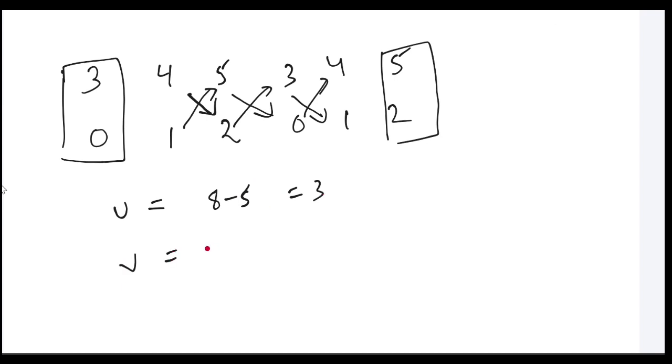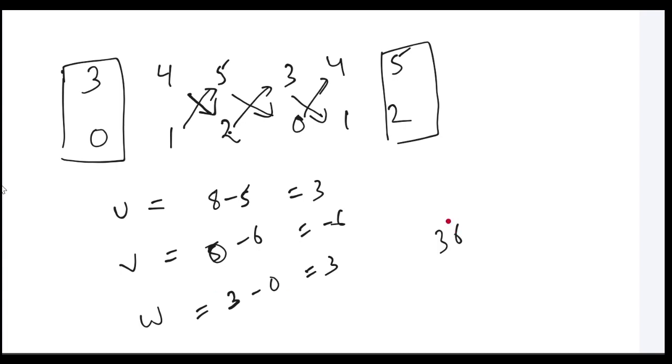Then v, 5 into 0 it is 0, then 2 into 3 it is 6, so it will be minus 6. Then w, 3 minus 0.